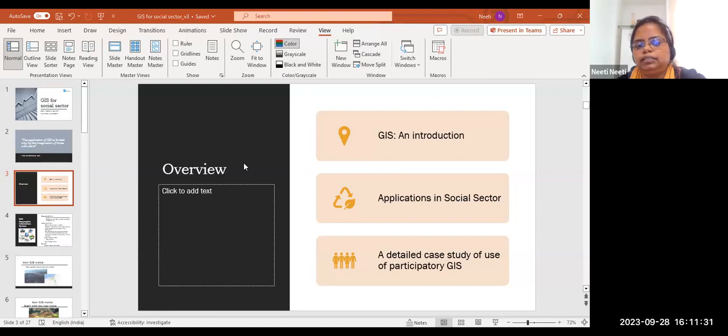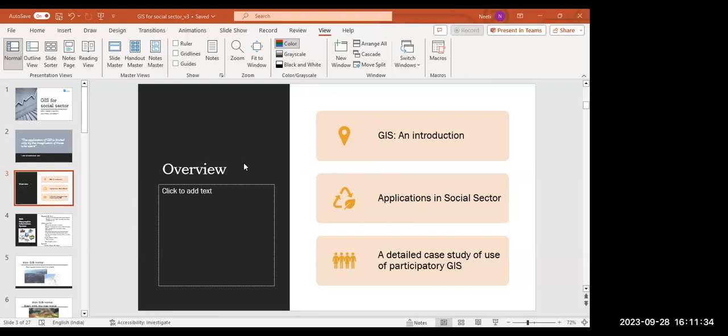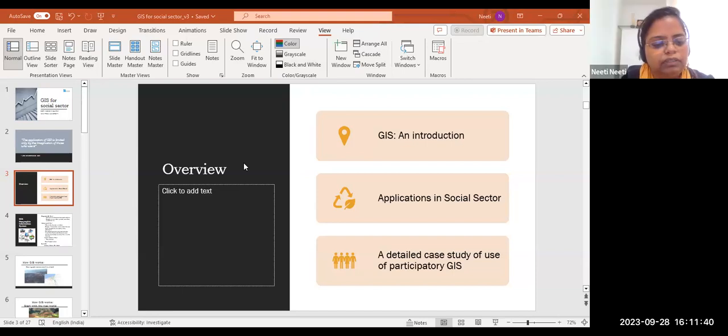Is it moving? No. Function F5. A function F5, I was saying, not F. Is it working now?